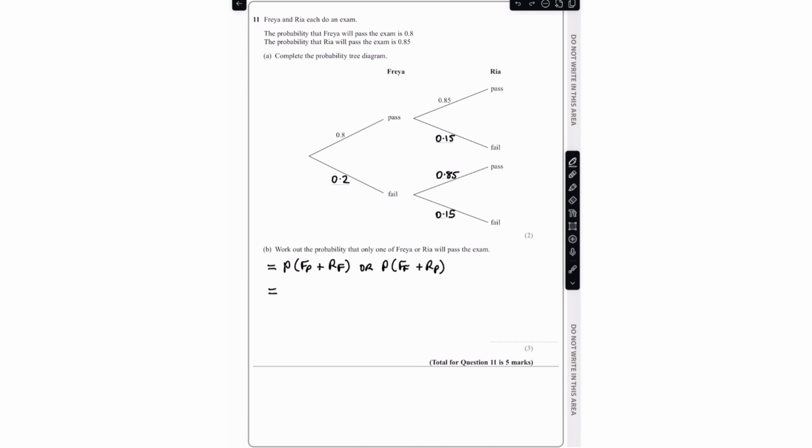So the probability that Freya will pass is 0.8 multiplied by the probability that Ria will fail, which is 0.15, plus the probability that Freya will fail, which is 0.2, multiplied by the probability that Ria will pass, which is 0.85. And so when you put all of this into your calculator, your final answer is 0.29. So I'm going to write 0.29 as my final answer.